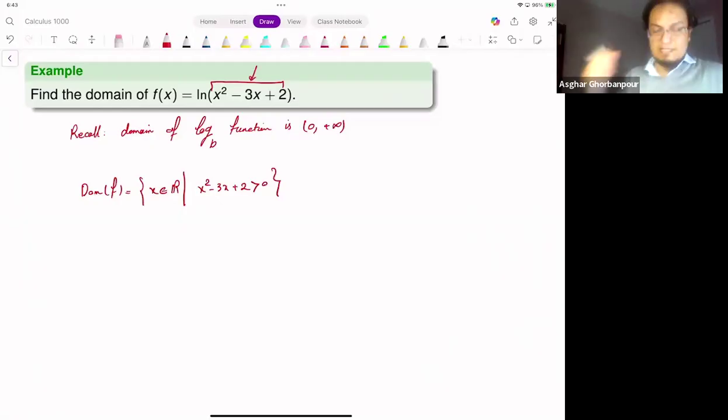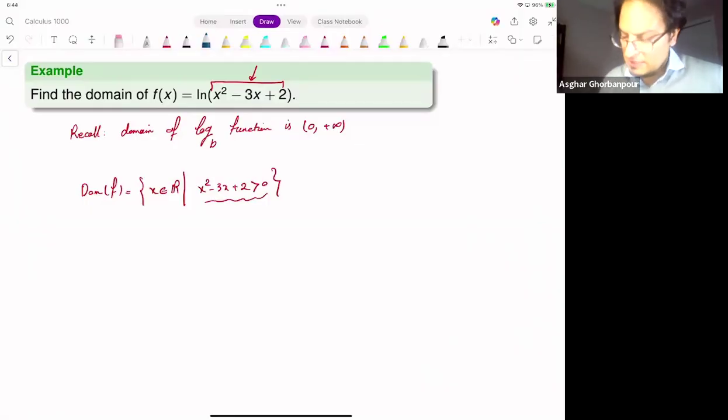Here, what we have inside the ln function is just a polynomial. It accepts anything you like. The domain of the inner function is the whole real line. But now you have ln applied on it, so it means that we can only pick the positive side. To figure out what are the x values that give you that, you have to do the sign table, or sign chart, for this function.